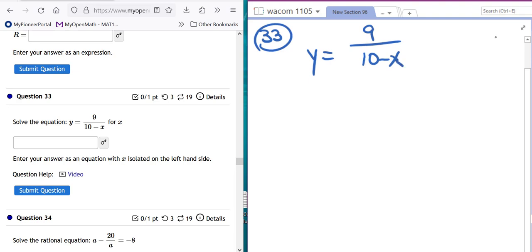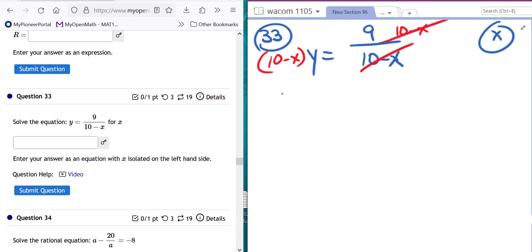And we are supposed to solve for x. Right, so first thing is you're going to have to get it out of the denominator. You're going to multiply on both sides by 10 minus x. All right, and that gives us 10 minus x times y equals 9.